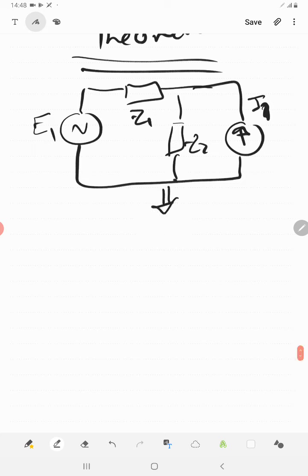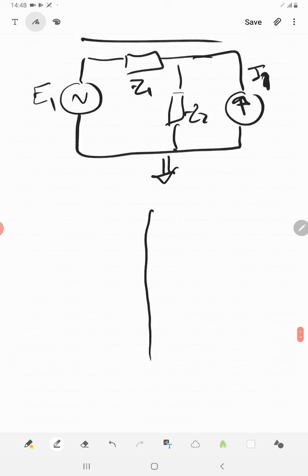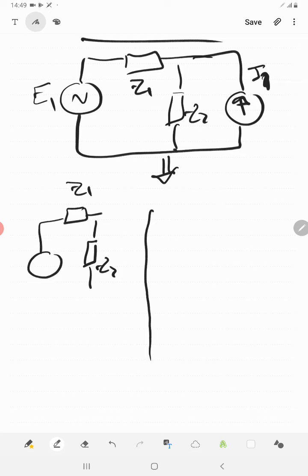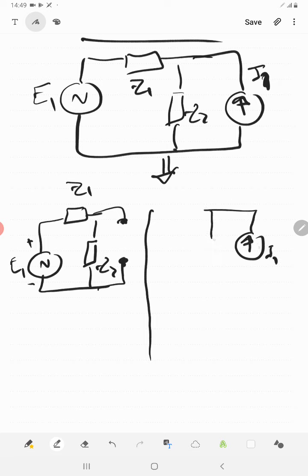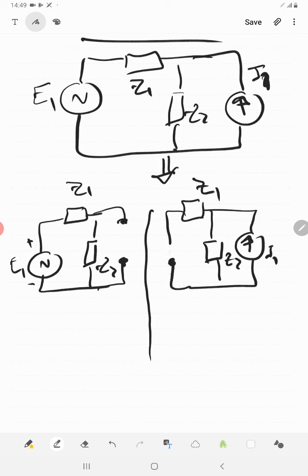So by superposition, we'll be having two different circuits. One contains Z1, Z2, and the voltage source E1, and here an open circuit because it's a current source. Then we have the current source I1, with the same Z2 and Z1, and a short circuit here. So we have two circuits.